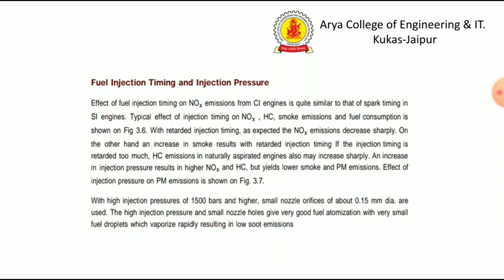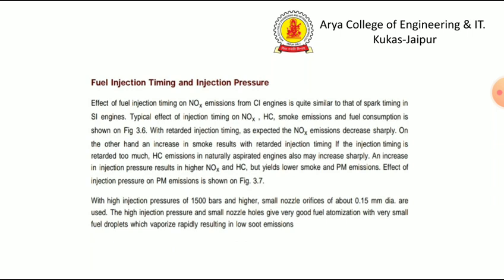Fuel injection timing and injection pressure. There are very significant effects of the fuel injection timing and fuel injection pressure on the formation of different pollutants in CI engines. The effect of fuel injection timing on NOx emissions from CI engines is quite similar to that of the spark timing in SI engines.